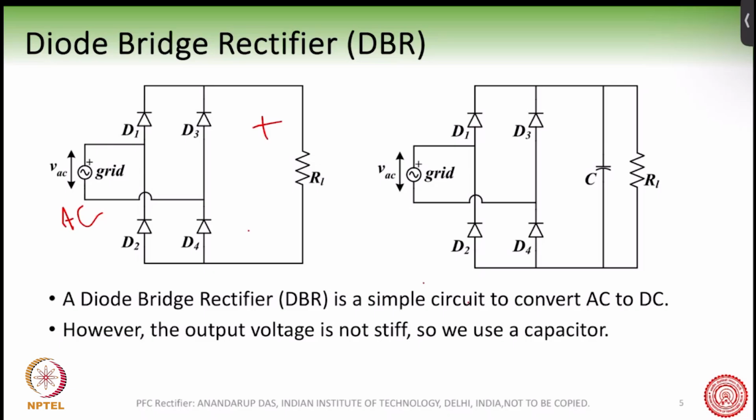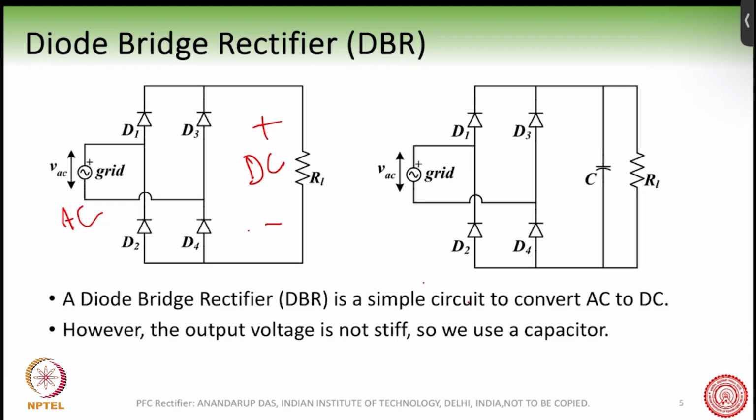The easiest way to do this AC to DC conversion is to use a diode bridge rectifier, which has been there for a long, long time, a very stable, very robust product. We will also continue to use this diode bridge rectifier, but we will use some switches along with it. It's a simple circuit.